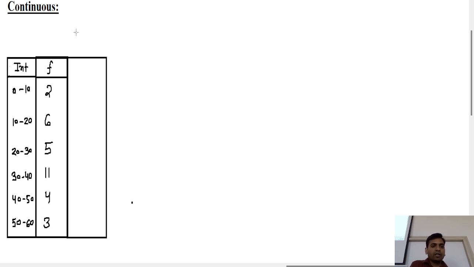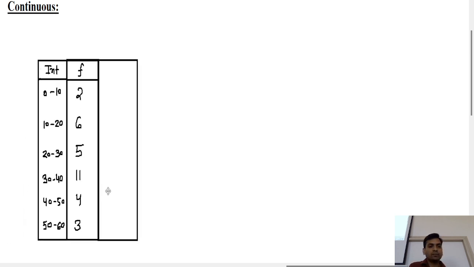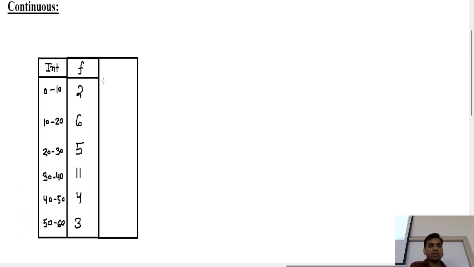So cumulative frequency. First cumulative frequency is 2.